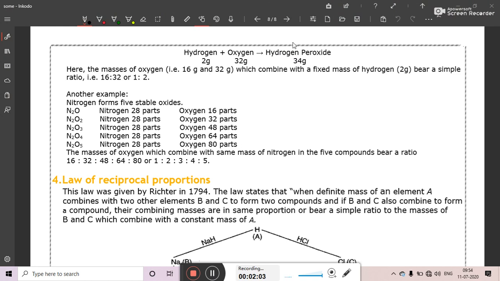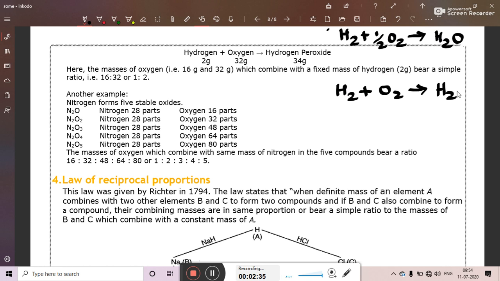So here we will see that in the formation of water, that is H2 plus half O2 gives H2O. In case of formation of hydrogen peroxide, H2 plus O2 gives H2O2, that is hydrogen peroxide.